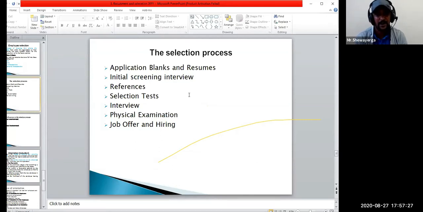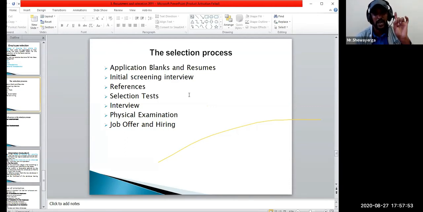The next step of the selection is a test, either a practical or theoretical exam. That depends on the type of job. If an individual passes this selection test, either theoretical or practical, then he or she directly goes to interview.